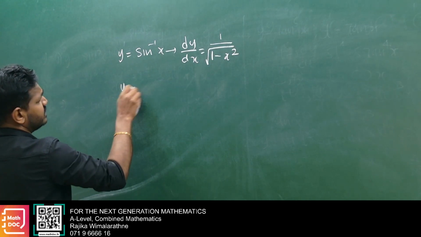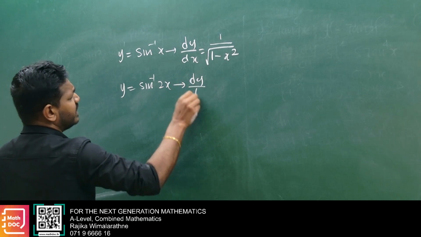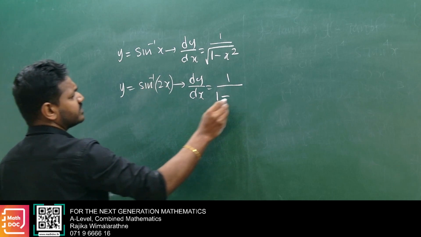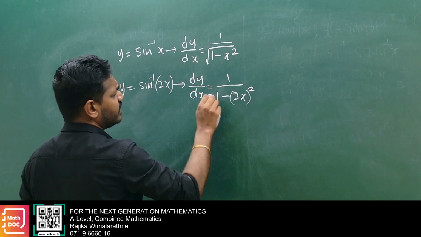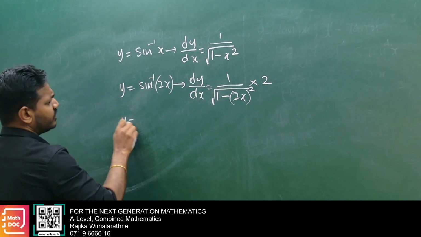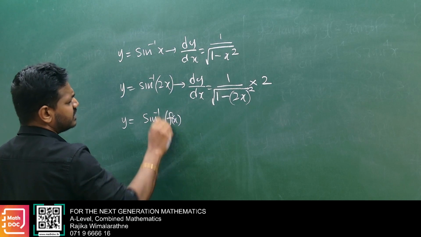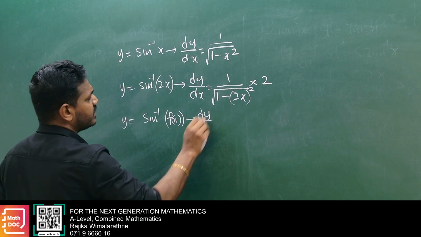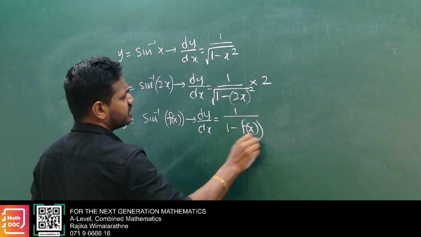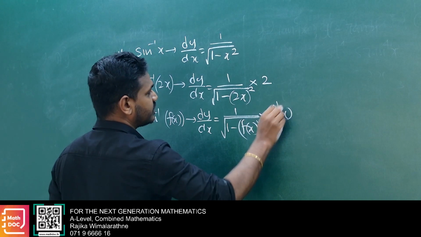Then y equals sine inverse 2x: dy by dx is 1 over root of 1 minus (2x) squared, times the derivative of 2x, which is 2. For y equals sine inverse f(x), dy by dx is 1 over root of 1 minus f(x) squared, times f dash x.